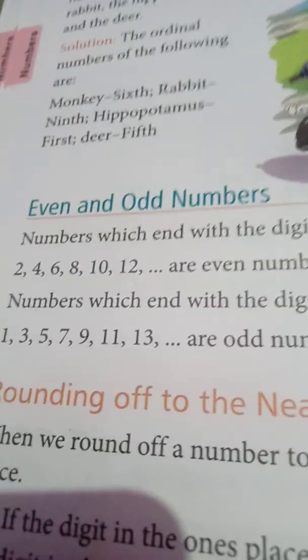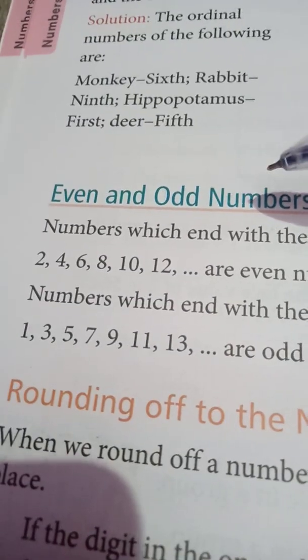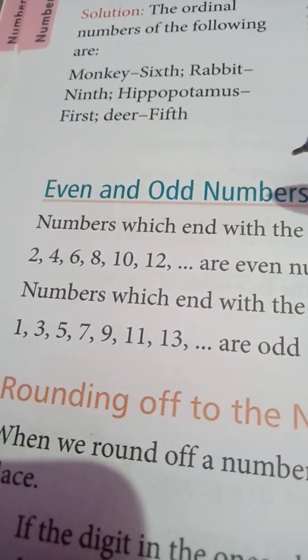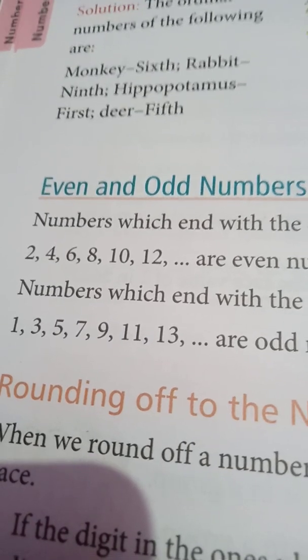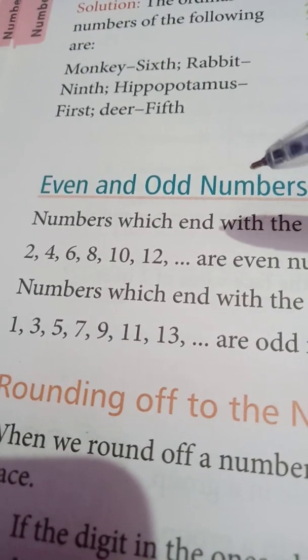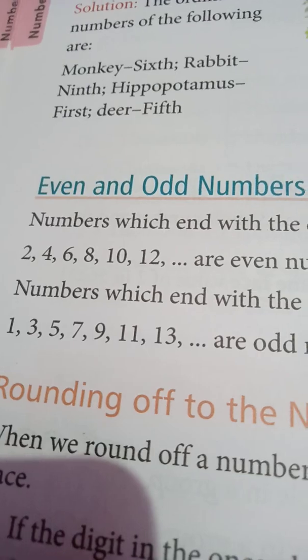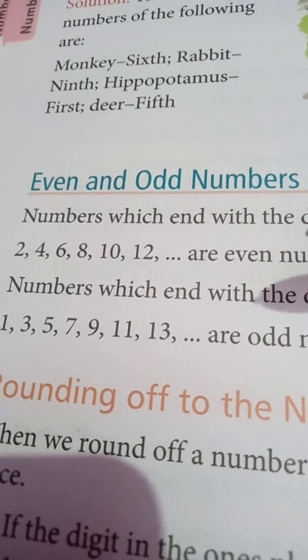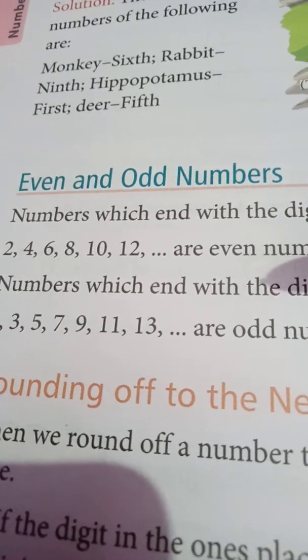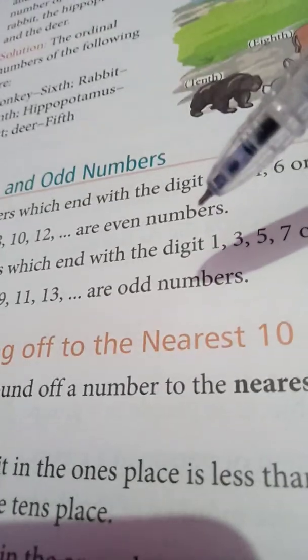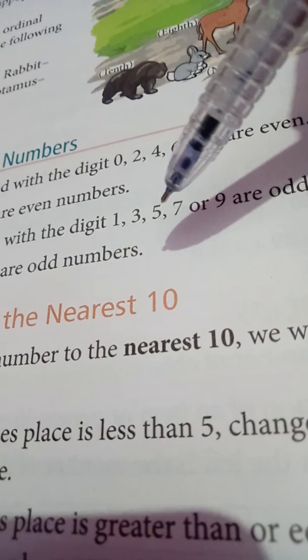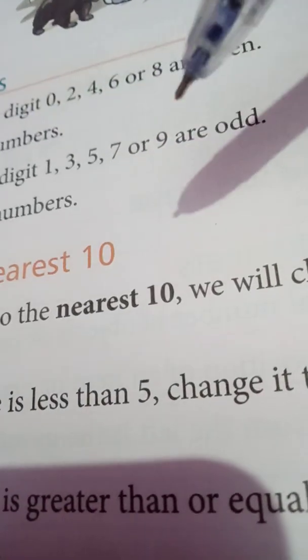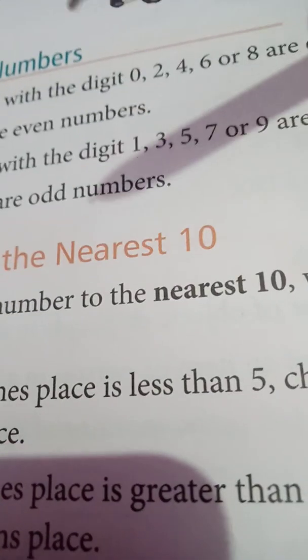Now, what is an odd number? A number which is not divisible by 2 is called an odd number. Or we can also say numbers which end with the digit 1, 3, 5, 7 or 9 are odd numbers.